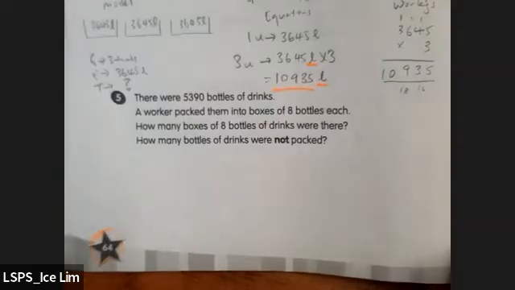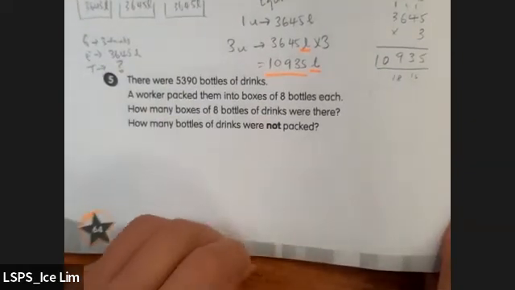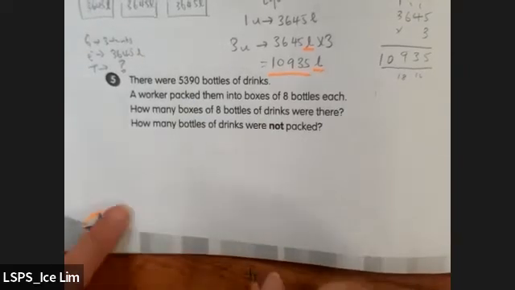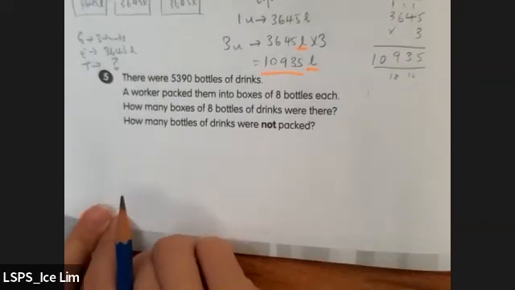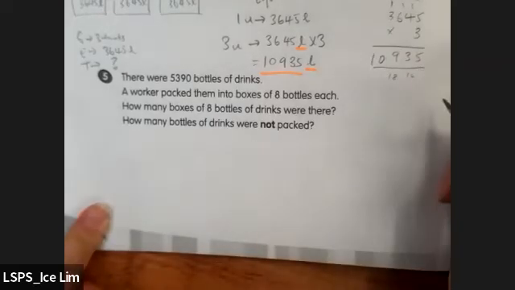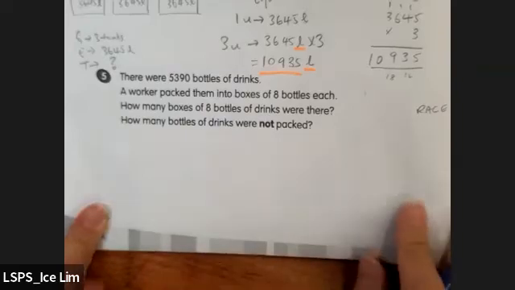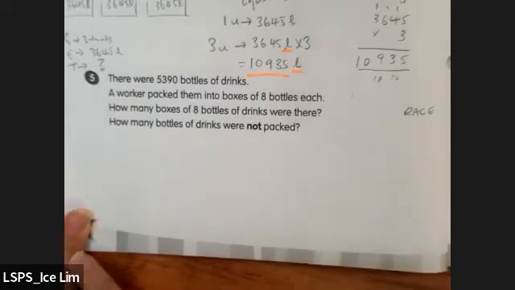So far still at level 1 questions. There were 5,390 bottles of drinks. A worker packed them into boxes of 8 each. How many boxes of 8 bottles of drinks were there?